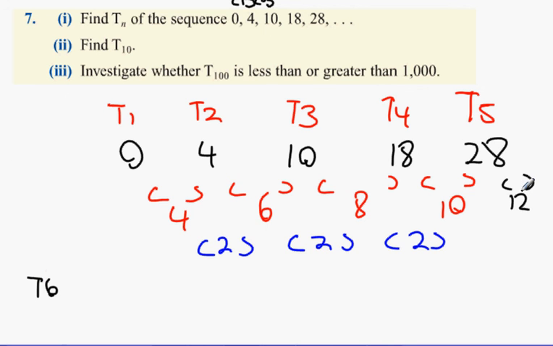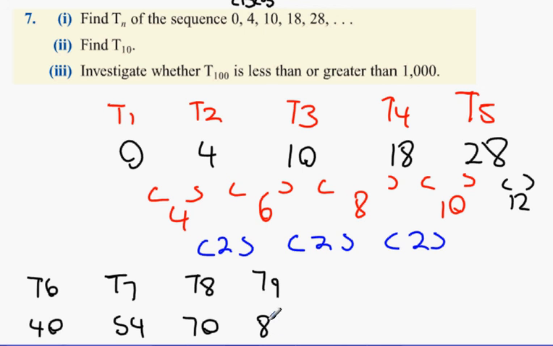T6 would be 40. What would T7 be? 54. T8? 70. T9? 88. And T10? That's a gap of 18, there's a gap of 20, so 108.